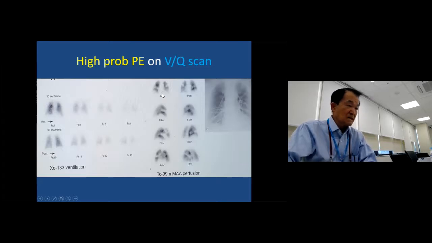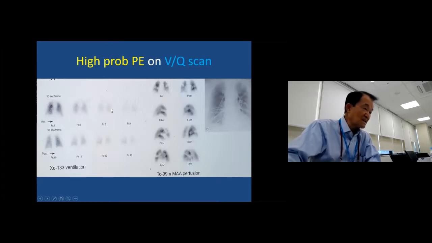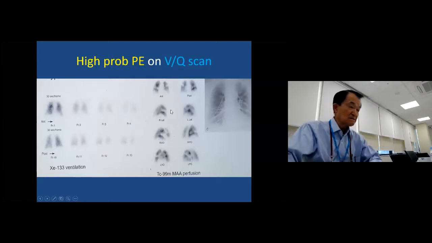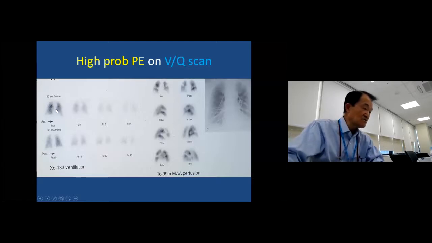That will not cause ventilatory abnormality, only pulmonary perfusion abnormality. And certainly a bronchial lesion will show obstruction and retention on the ventilatory study.